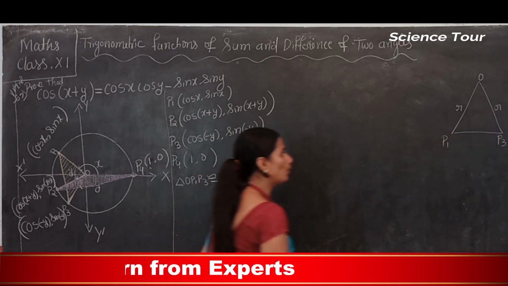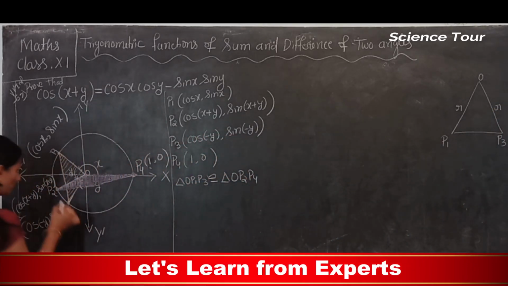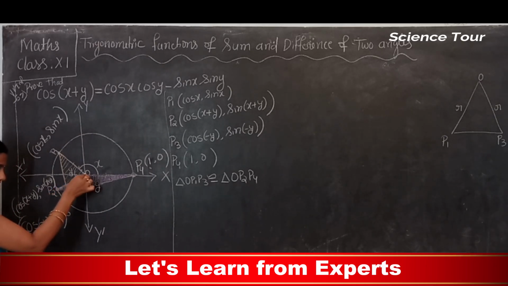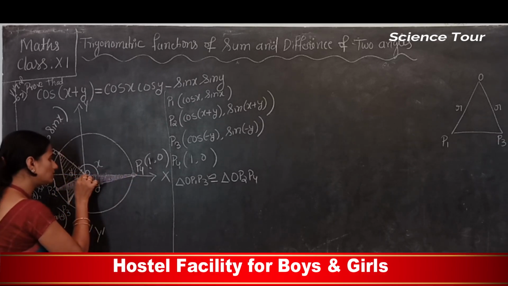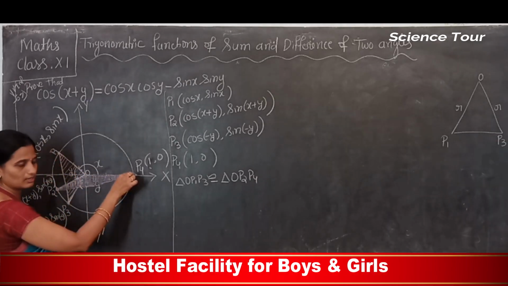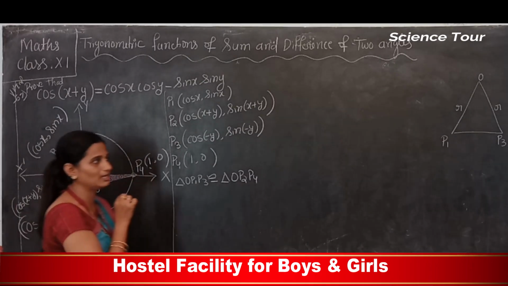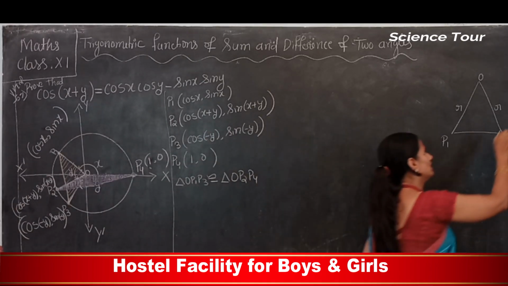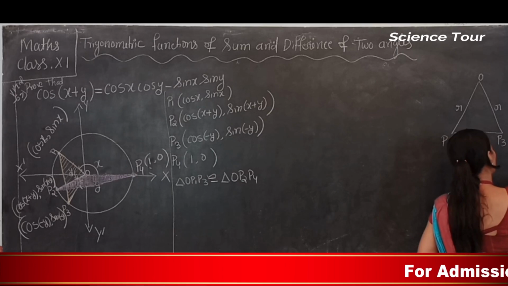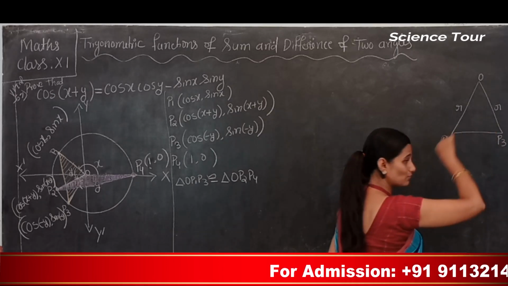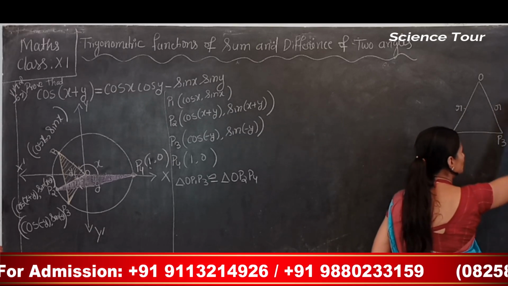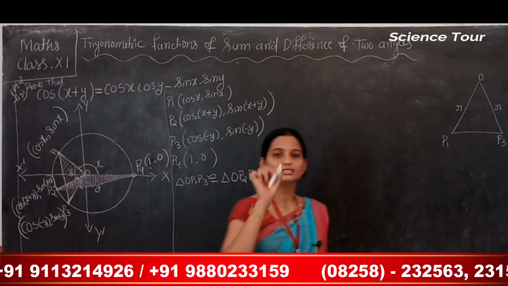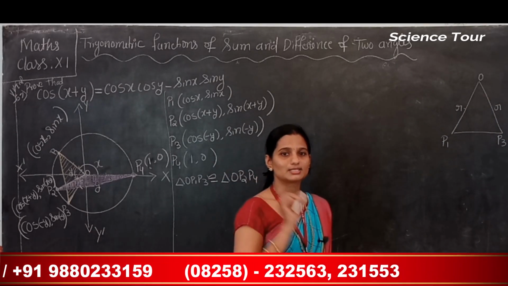Now next OP2 and OP4. OP2, center and point on circumference, means radius. OP4, center and point on circumference, so again it is radius. So this is radius and this one is also radius. In this figure, this side is equal to this side because in a circle all radii are equal.